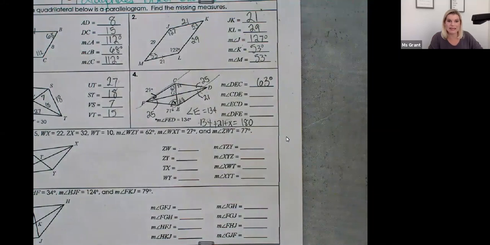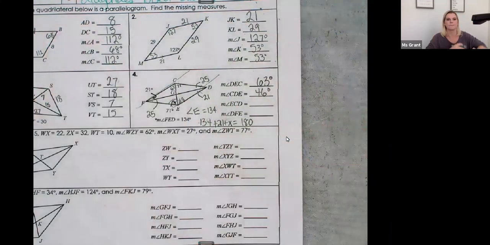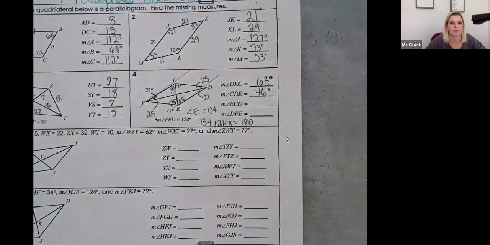So CDE, the whole thing, 25 plus 21, 25 plus 21, 46 degrees. Measure of angle ECD, ECD, 71 degrees.